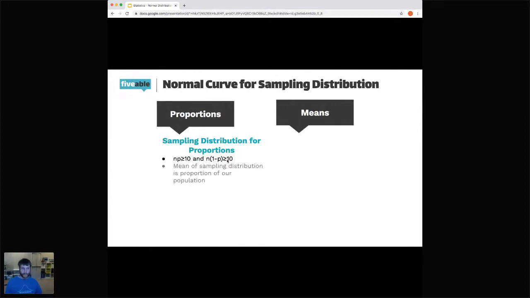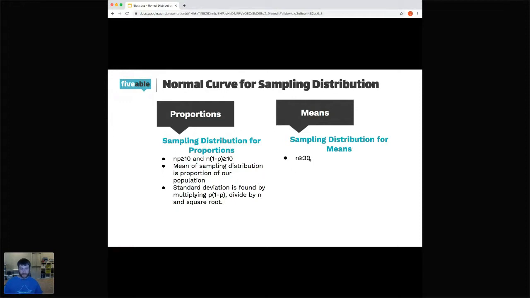The mean of our sampling distribution is always the proportion of our population. That's our p-value. That's going to be the center of our normal curve. And the standard deviation is found by multiplying p times 1 minus p, so the success probability times the failure probability, dividing that by the sample size, and then taking the square root. All right. And I have a formula that'll pop up in a minute that shows these things a little bit better.